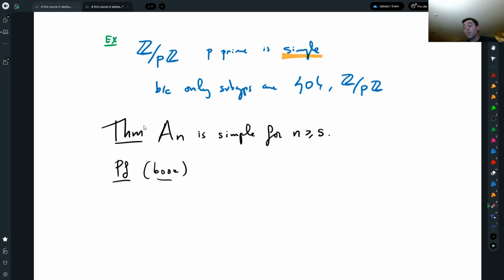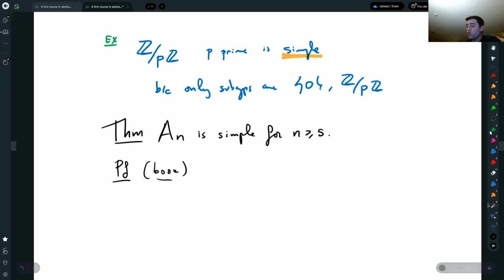This was a big part of the mathematics of the 20th century: a full classification of simple groups was proved, and it consists of several infinite families, such as Z modulo P for P prime and the A_n for n bigger or equal to 5. Then there are also some other groups that are not part of the families, which are called the sporadic groups.